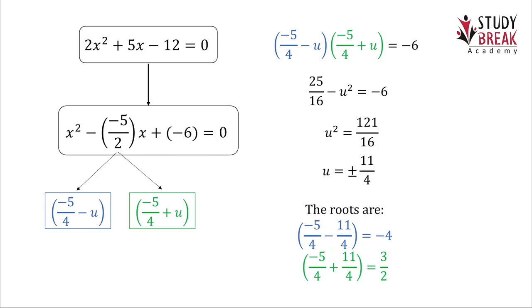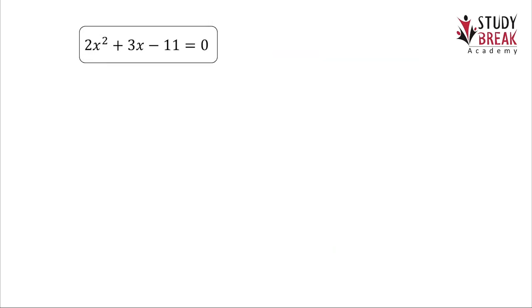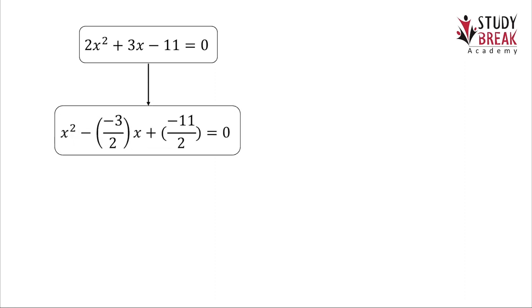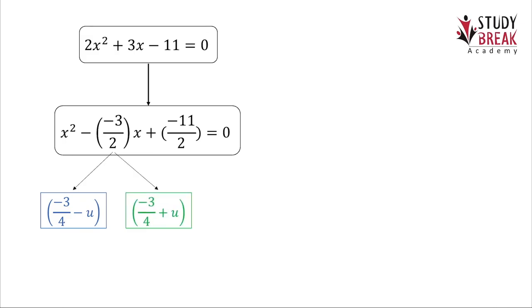What if we have a quadratic equation which is not exactly solvable using the middle term factorization? It will take a lot of time if you try solving it using the two general methods that we know. If we apply the third method here, let's see how easy it becomes. Again, as we can see, x squared is preceded by a 2. So we divide the entire equation by 2 and bring it to the format that we want. Now minus 3 by 2 has to be divided into two parts, minus 3 by 4 minus u and minus 3 by 4 plus u.